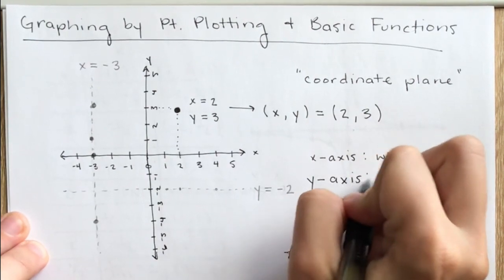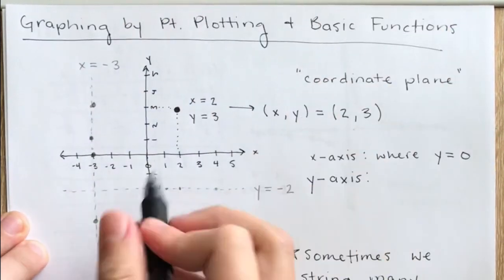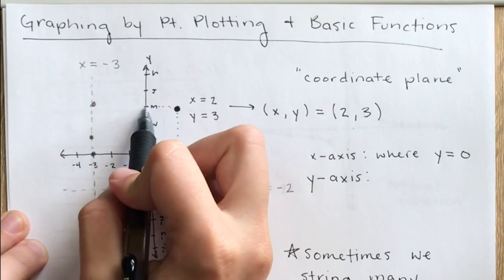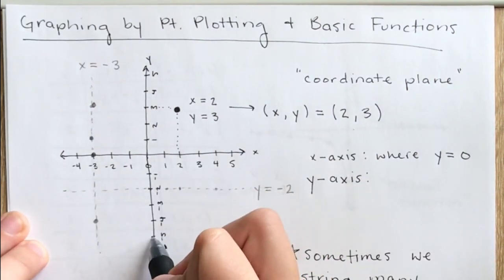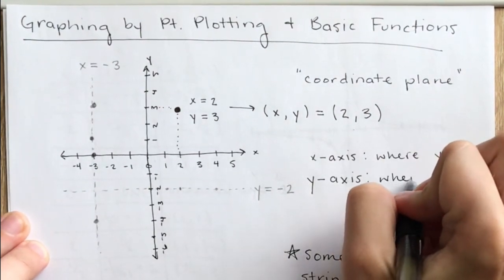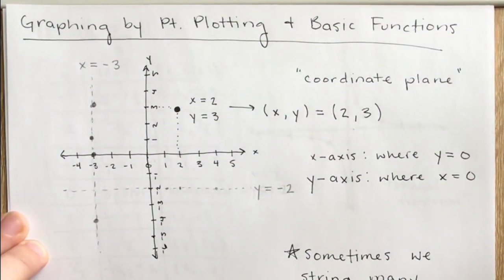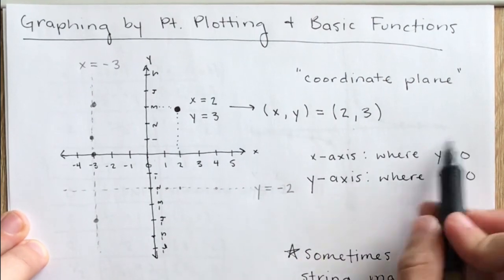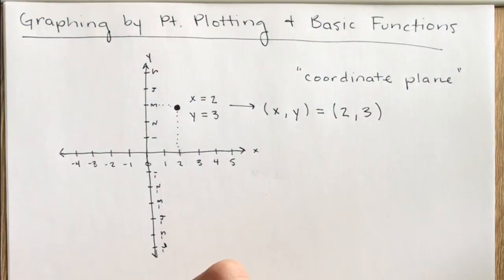The y-axis, what do you think that is? Well, that's this guy. What do all of these points have in common? This is (0, 1), (0, 3), (0, -2), (0, -5). This is where x equals 0. So it's a little bit counterintuitive, right? But the x-axis is where y is 0, and the y-axis is where x equals 0.